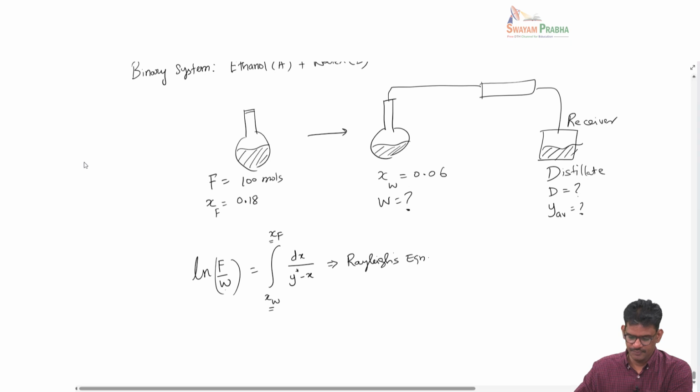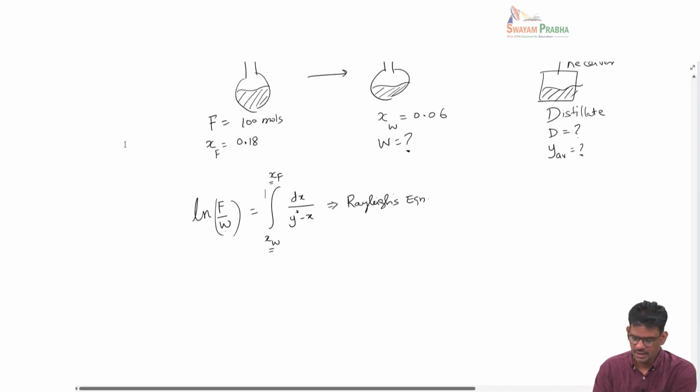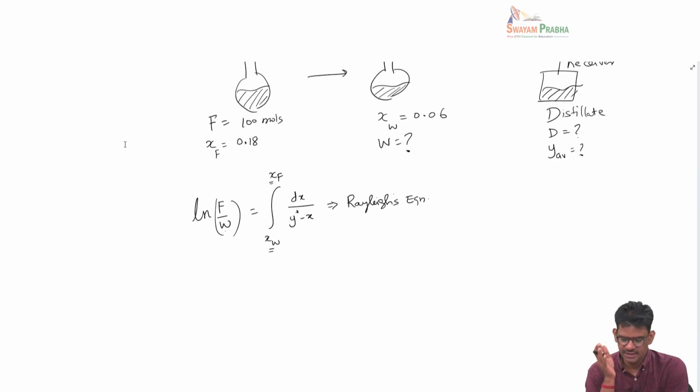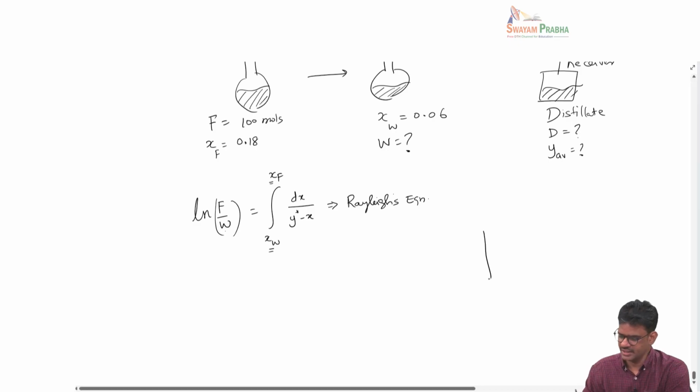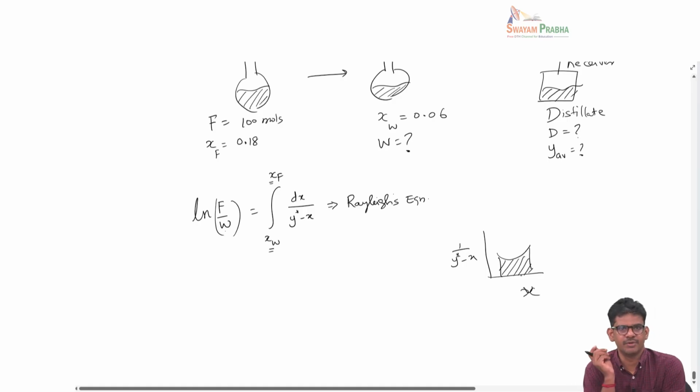If I know the VLE data, I can find y star minus x and then plot it. So we basically need a plot of 1 by y star minus x versus x, and then you integrate this in the limit of XW to XF.